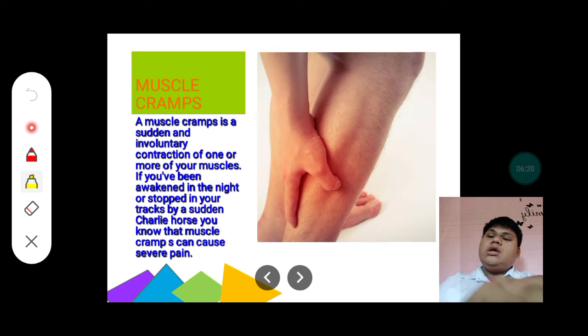If you have been awakened in the night or stopped in your tracks by a sudden Charley horse, you know that a muscle cramp can cause severe pain.